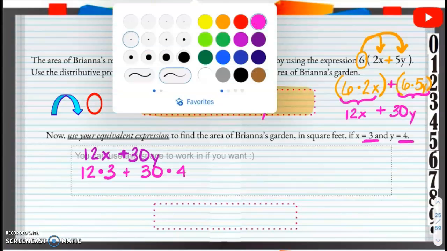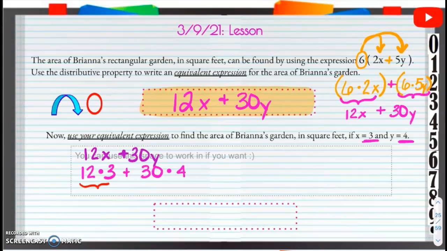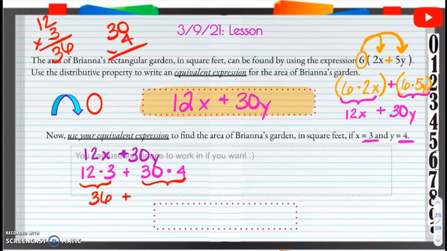Remember our order of operations, we must do the parentheses, well, we don't have parentheses right now, but we must do multiplication before we can add. So we are going to do 12 times 3. 12 times 3, let's see, 3 times 2 is 6, 3 times 1 is 3. So 12 times 3 is 36, plus 30 times 4. 4 times 0 is 0, 4 times 3 is 12, so we have 120.